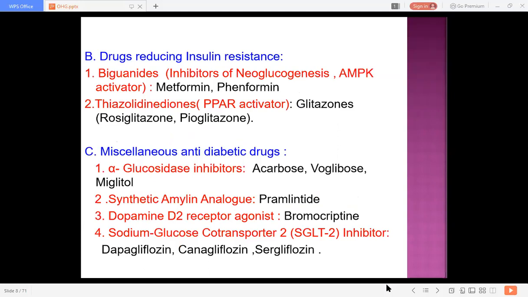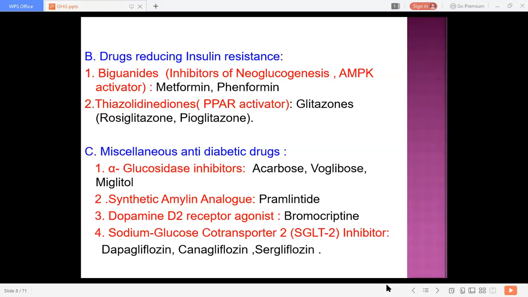Drugs reducing insulin resistance: we have Biguanides, inhibitors of gluconeogenesis, AMP kinase activators. In this we have Metformin and Phenformin. And we also have Thiazolidinediones, PPAR activators, also called glitazones: rosiglitazone, pioglitazone.